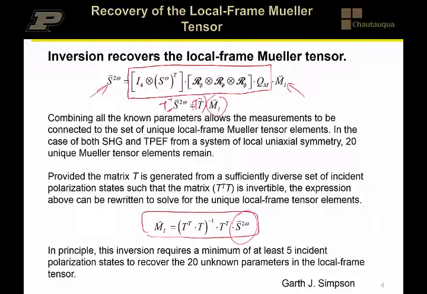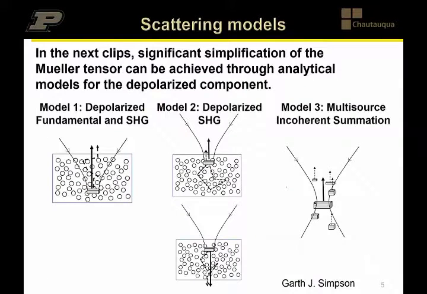So this is a very general approach. As long as you have a sufficiently diverse set of polarization states going in that allows this matrix T to be inverted, then you can solve for the local frame Mueller tensor elements, irrespective of the local frame symmetry or even the presence or absence of local frame symmetry. If there is symmetry, you can take advantage of it, since that can mean a smaller number of required measurements.